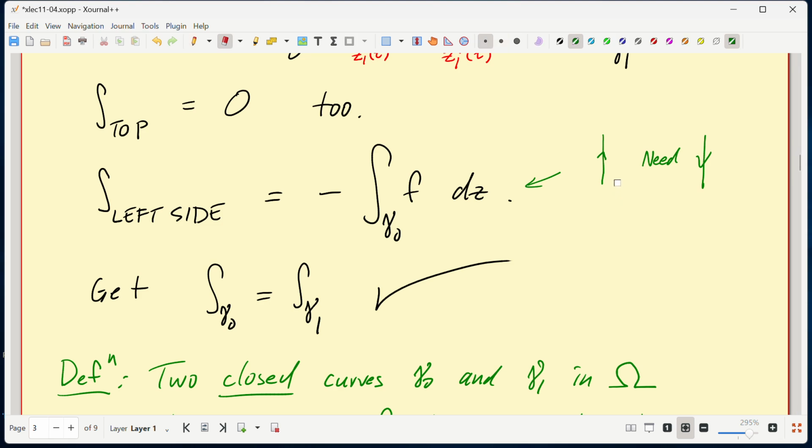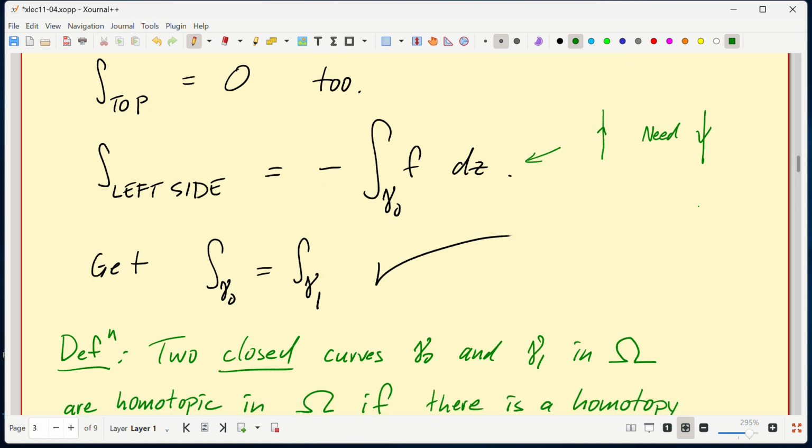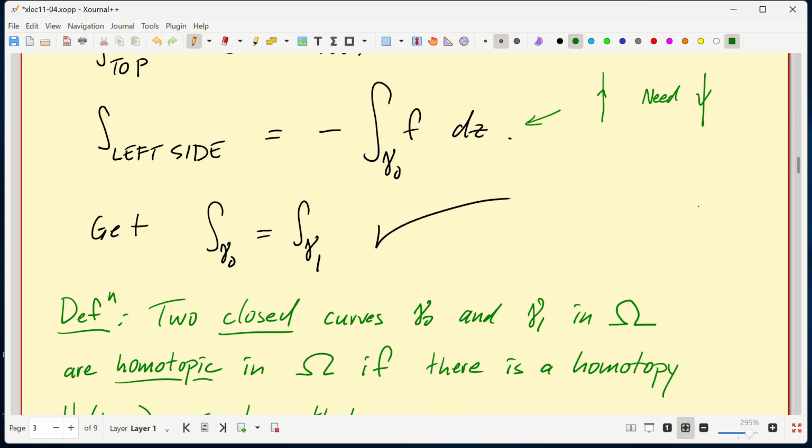So gamma naught corresponds to this piece in the rectangle. Okay, I guess that says it. Okay, we're done with fixed point curves and homotopy. Questions about it?